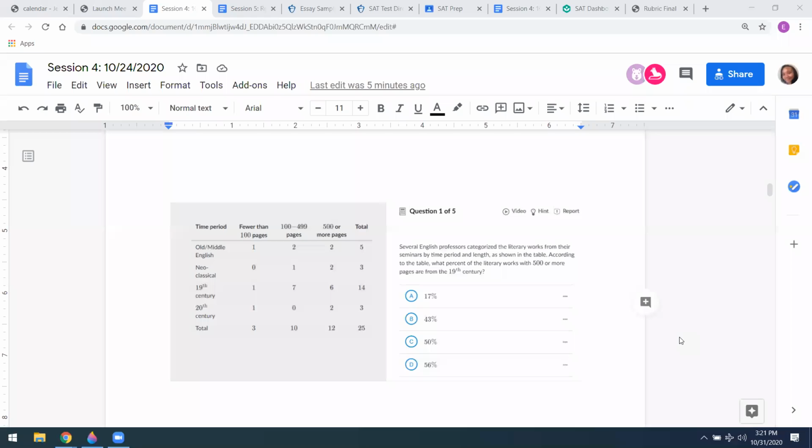Based on the rows, because now we are looking for the amounts of each time period, I saw that in the time period of 19th century, it was 6 and a total of 12. So just by logic, if we divide 12 by 6 is 2, meaning that 6 is half of 12. So 100 must be the 12. So 50%, it was a logic answer.